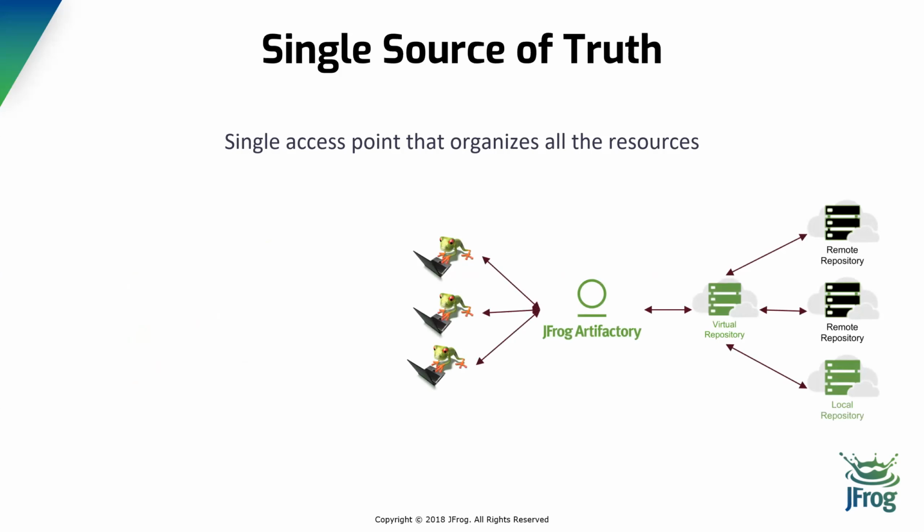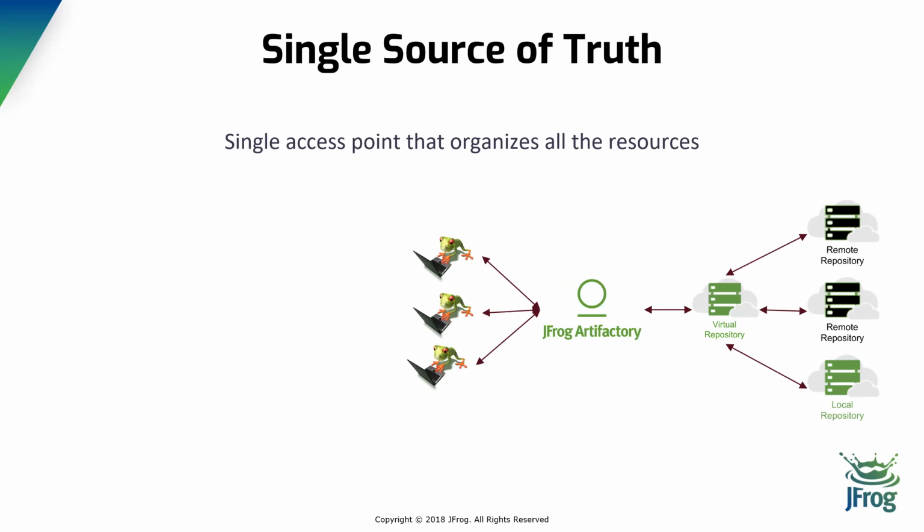So this is the new workflow. All your developers will connect their dependency tool or build tool to Artifactory to download their dependencies. And the idea is that when one developer downloads a specific dependency, it will go through Artifactory, which will in turn connect to a remote repository.